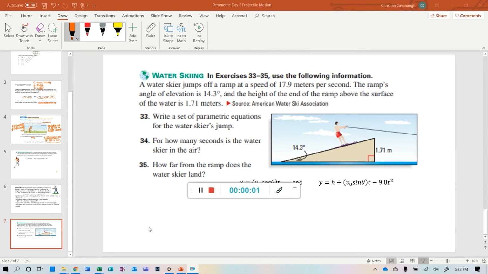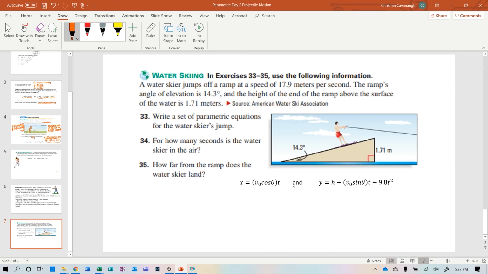Okay, I just want to do one more problem here. In this one, we have a water skier jumping off of a ramp, and we're trying to model the motion of his jump. So the first thing in number 33 that it wants us to do is just write a set of parametric equations for the jump.